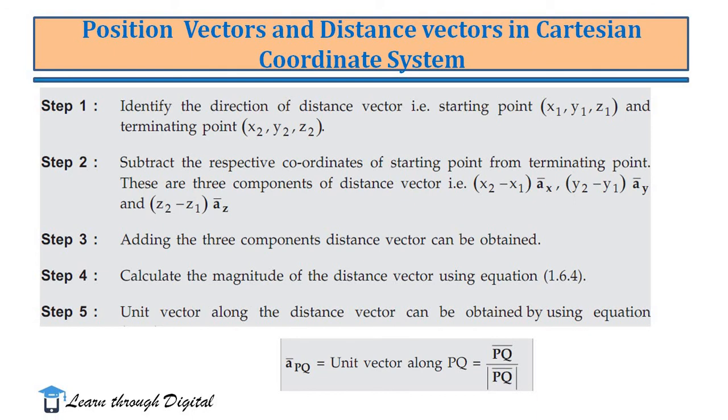The third step: adding the three components, the distance vector is obtained. Step 4: calculate the magnitude of the distance vector using the equation. Step 5: the unit vector along the distance vector is obtained using the equation: a PQ vector, the unit vector along PQ, is equal to PQ vector divided by modulus of PQ vector.